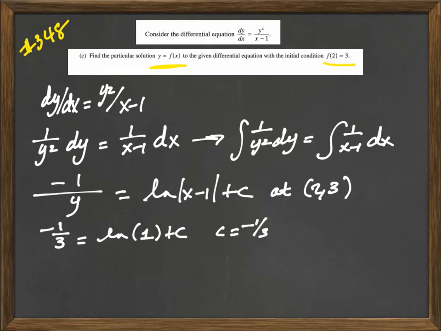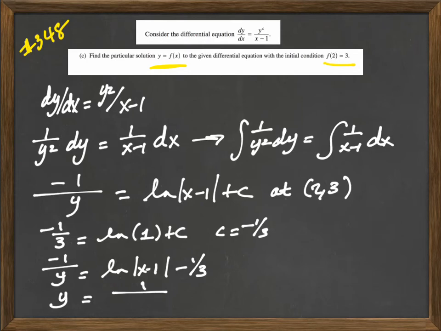So now the equation is negative 1 over y is equal to ln of x minus 1, minus 1/3. Now we have to flip that and use a negative.